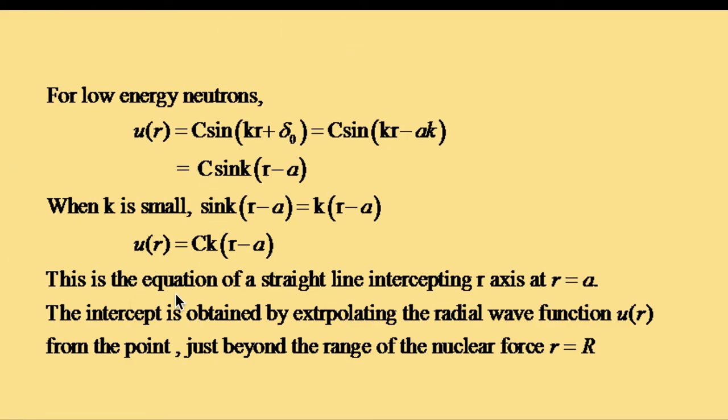So this is an equation of a straight line intersecting the r axis at r is equal to a. That means this is of the form y equals mx plus c, the equation for a straight line. In y you have u of r, Ck represents m, r is the x axis, and this a represents the intercept.